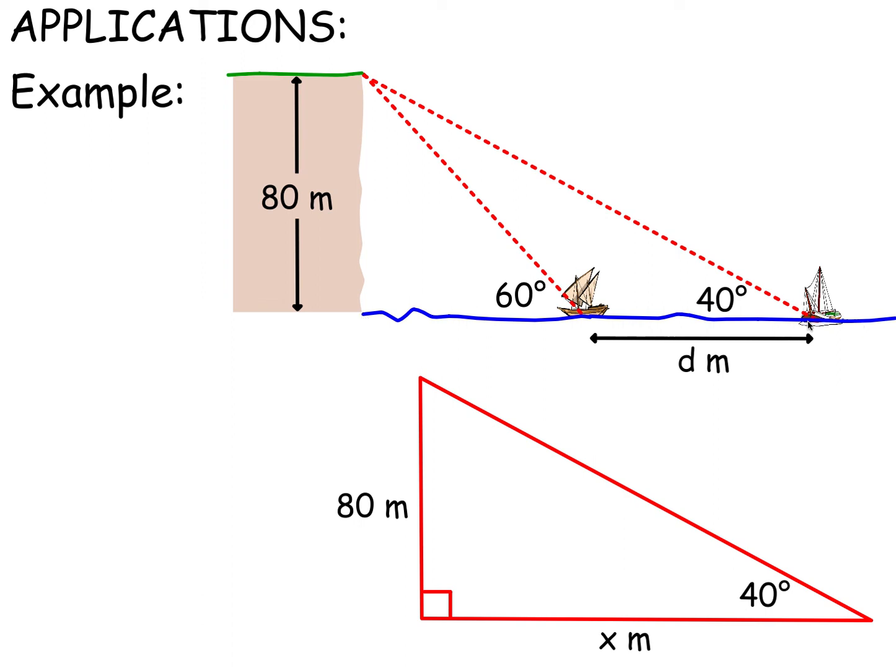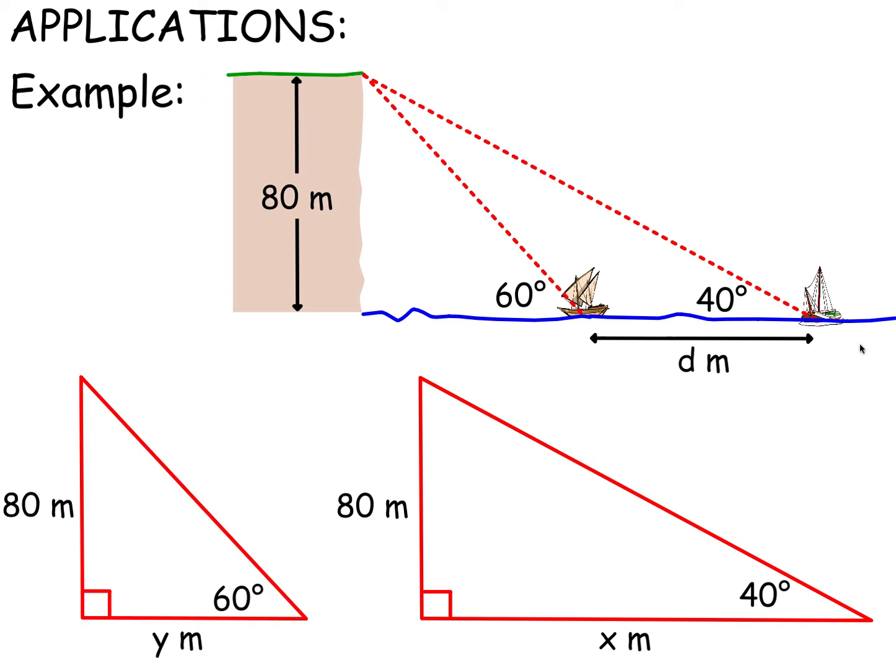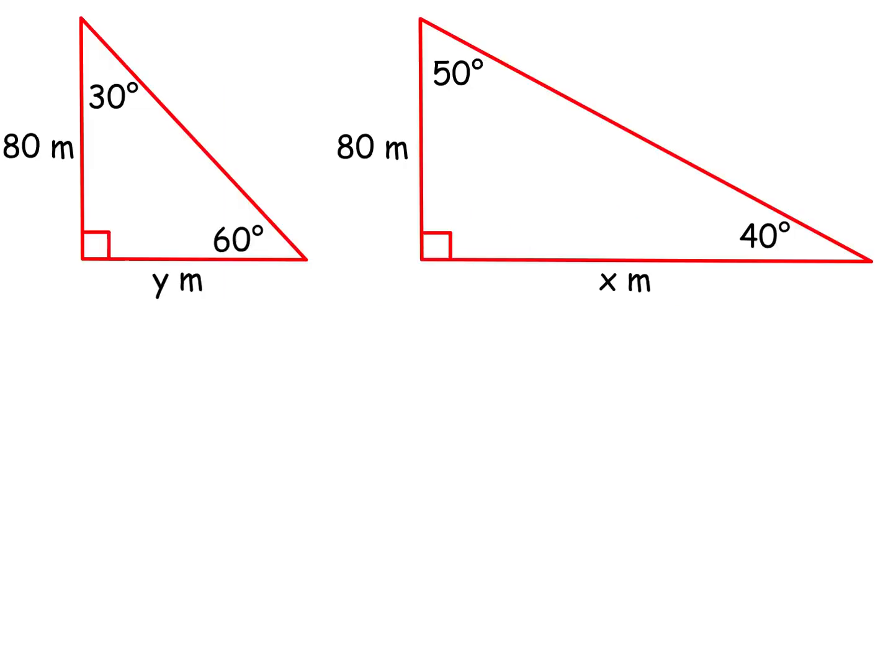If we work out that distance and do it for the first ship, working out its distance from the bottom of the cliff, we can work out the distance between the 2 ships. So there's the second triangle. 80 metre cliff, 60-degree angle, distance from the bottom of the cliff, y. The difference between x and y is the distance between the 2 ships. So here are the 2 triangles.